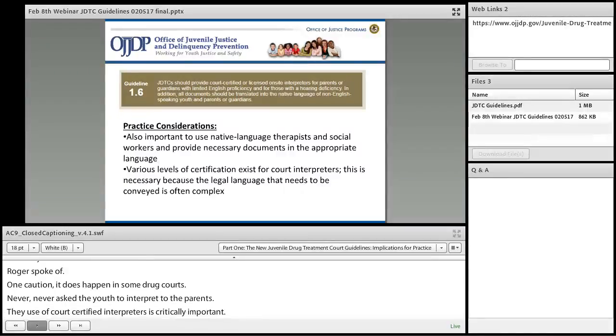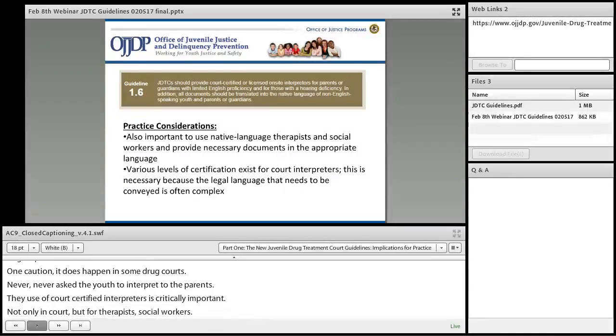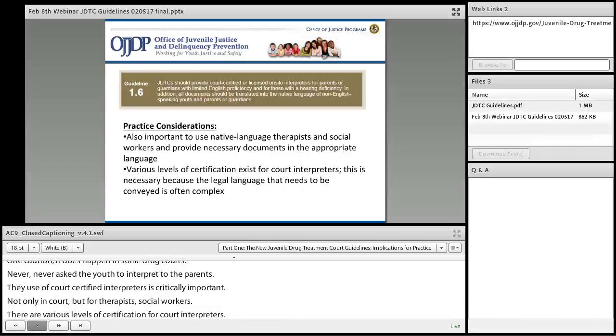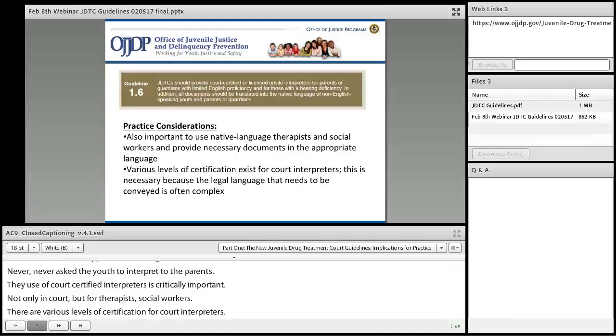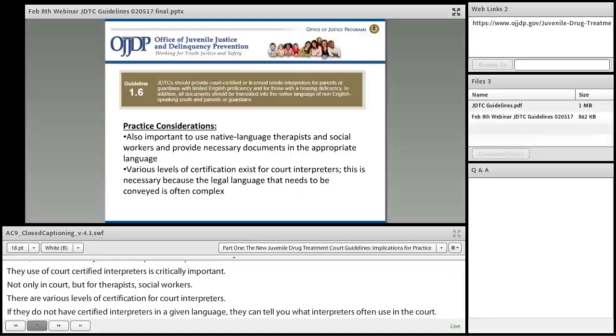Your court staff will know all about that. If they don't have certified interpreters in a given language, they can tell you what interpreters they often use in the court. It's really important because the legalese in the court system is difficult sometimes for interpreters that don't have experience in that system.